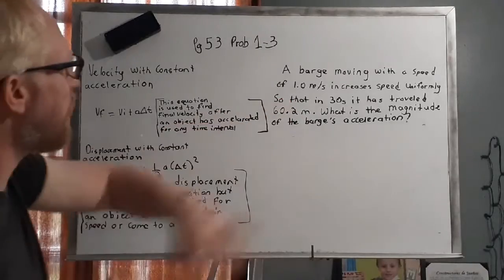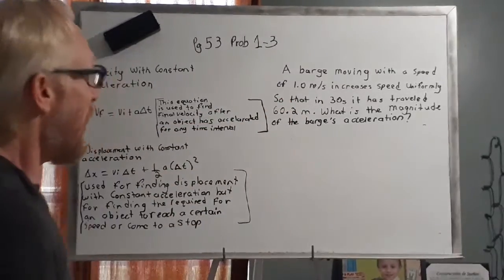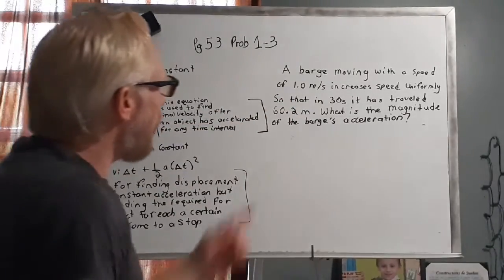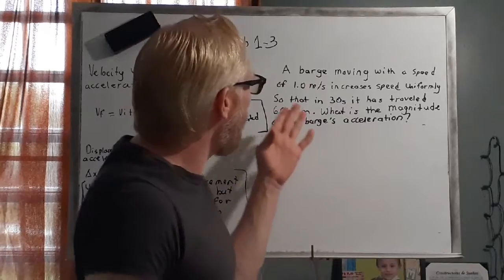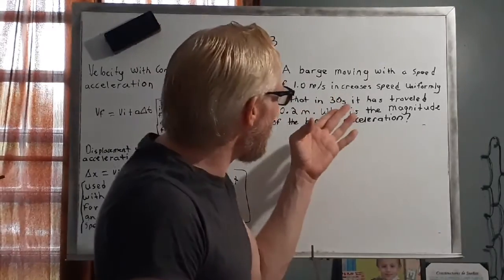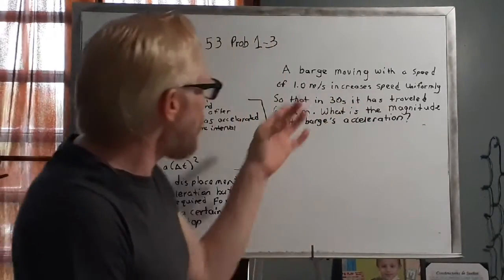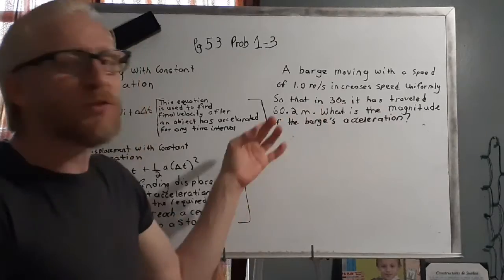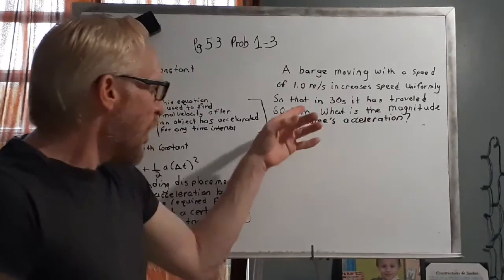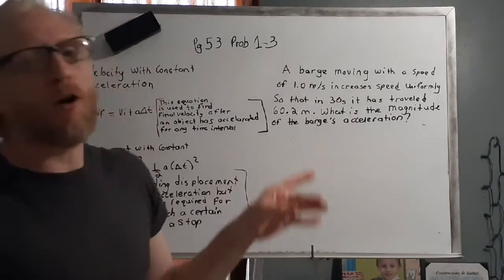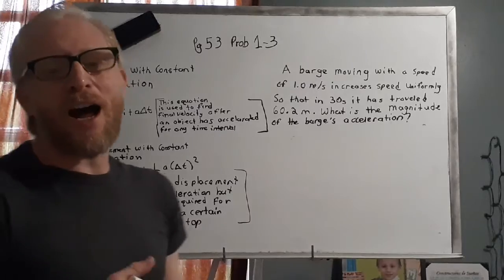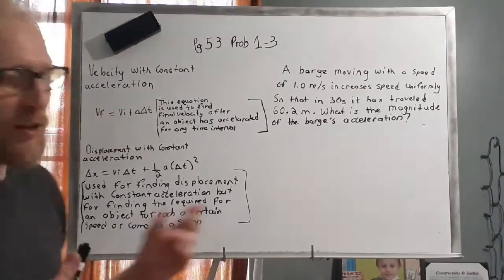Now, this problem is found on page 53 of your textbooks, and it says a barge moving with a speed of 1 meter per second increases speed uniformly so that in 30 seconds it has traveled 60.2 meters. What is the magnitude of the barge's acceleration? So they're not asking us to find final velocity.